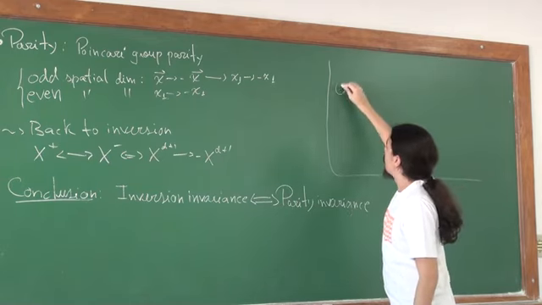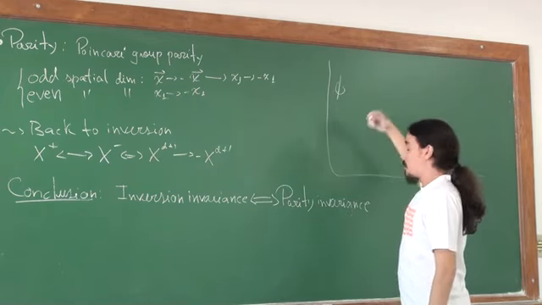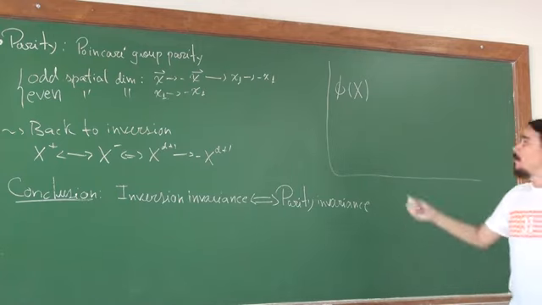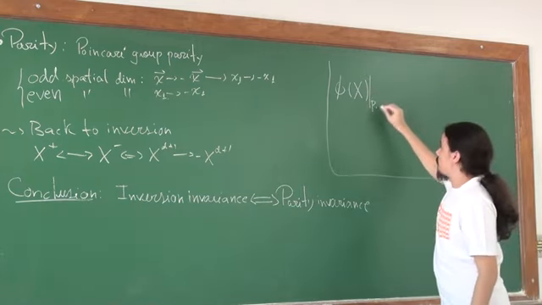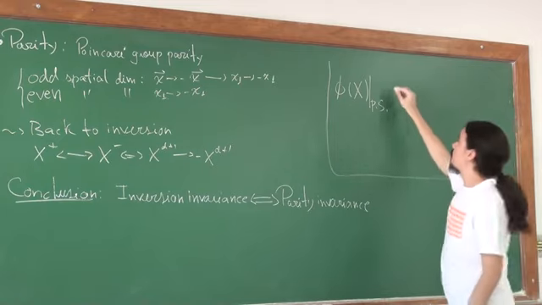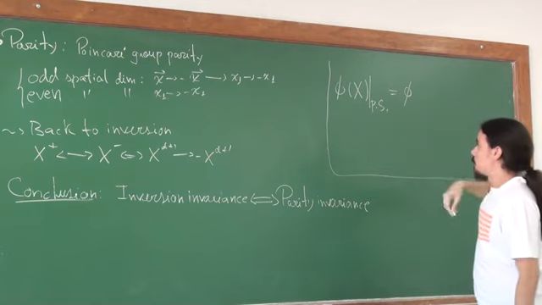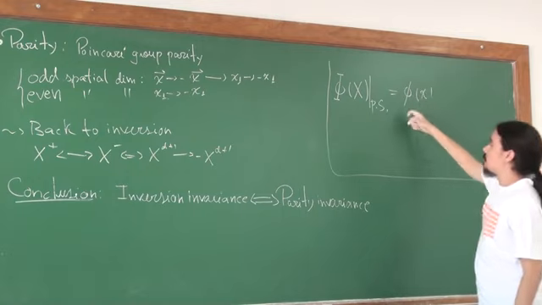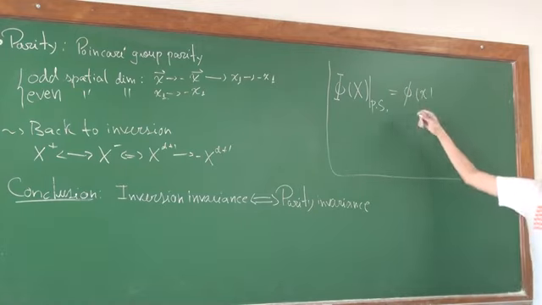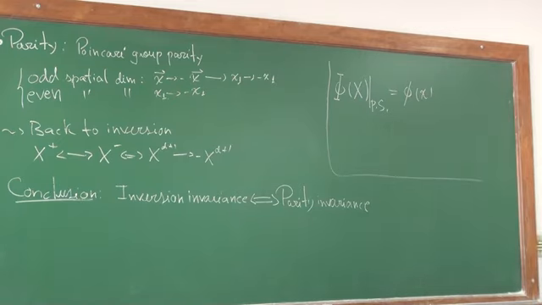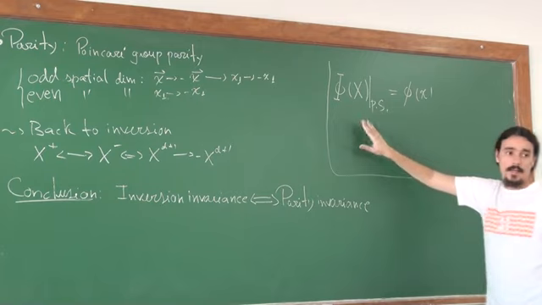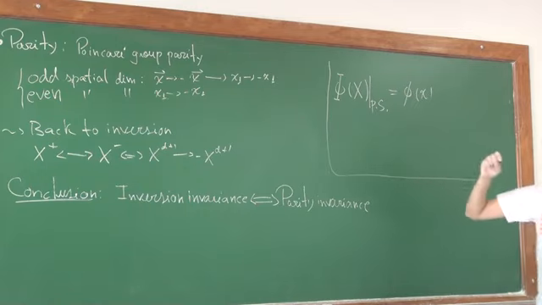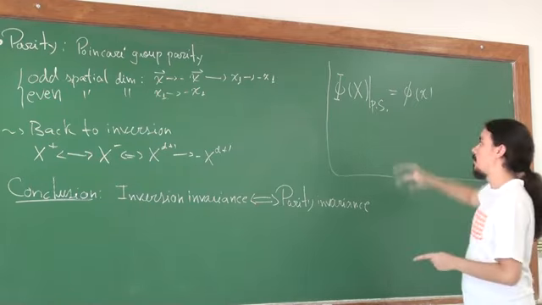So if I have an embedding space field at point x, then the hypothesis is that if I restrict this field to the projective section, I will identify this with the field in physical space. Okay, this is a hypothesis. I take the field on the embedding space, restrict it to the projective section, and whatever I get, I will identify with the field in my physical space. This is just a formulation.